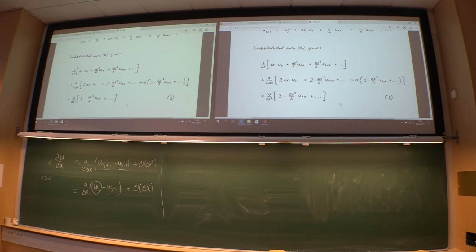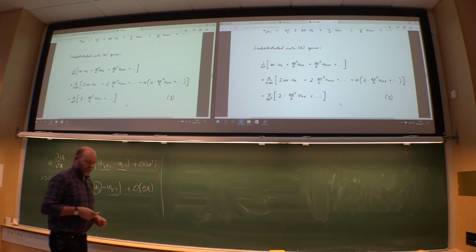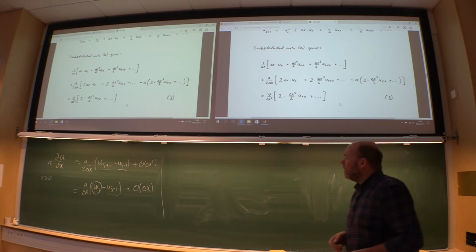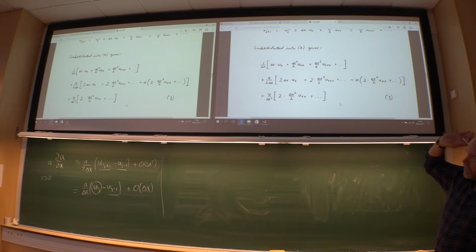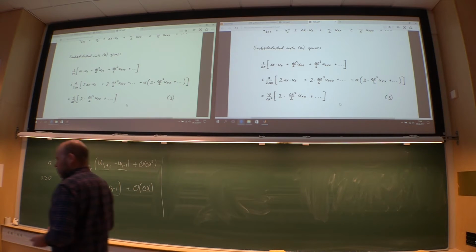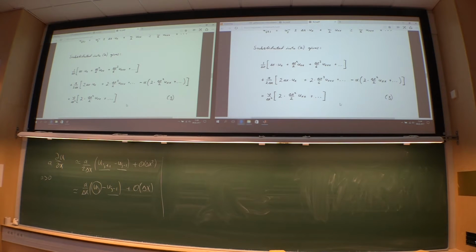And now, to ensure that your equation system is consistent, what was the demand? Consistency. Well, you let all the deltas go to 0, delta t and delta x. Then your original partial differential equation better show up, or else you are solving the wrong equation. So that's quite essential.